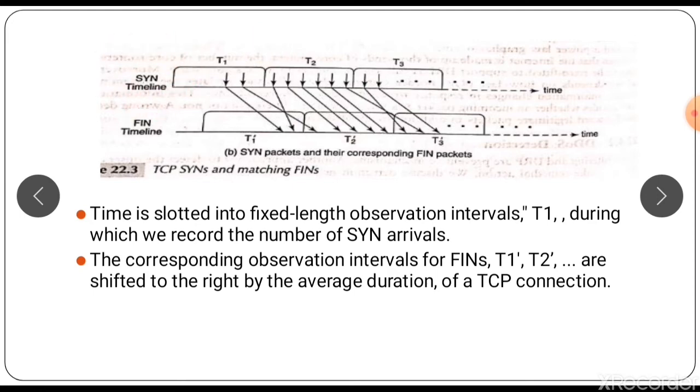The corresponding observation intervals in the FIN timeline are T1', T2' and T3', and you can see this FIN time interval is shifted right by the average duration of a TCP connection, because SYN will always arrive first. FIN will show termination of the connection.